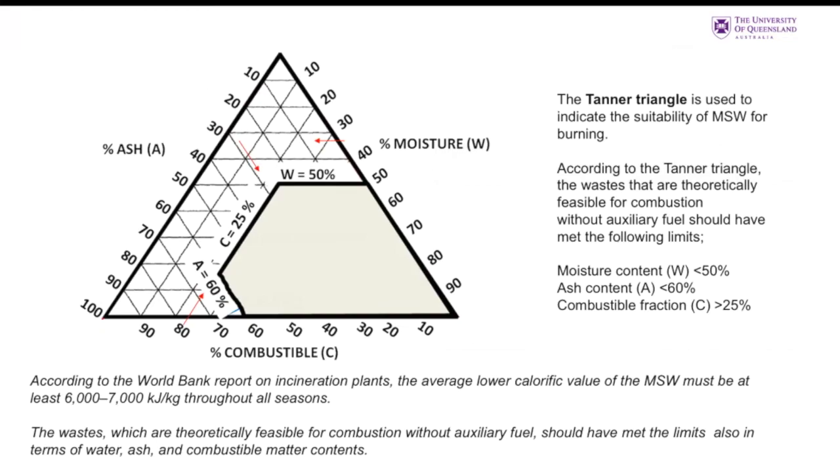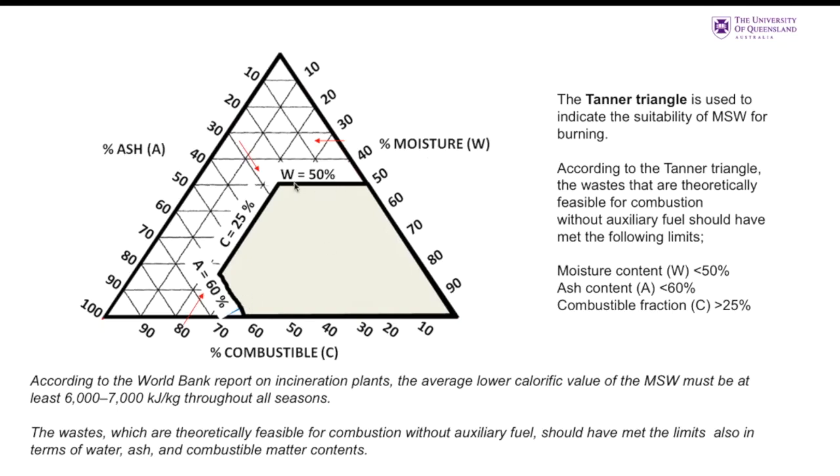All right. So how are we going to define whether these requirements are met? We can use this Tanner triangle, and this is used to check whether municipal solid waste can be burned. According to the Tanner triangle, the wastes that are theoretically feasible for combustion without auxiliary fuel should meet the following limits.